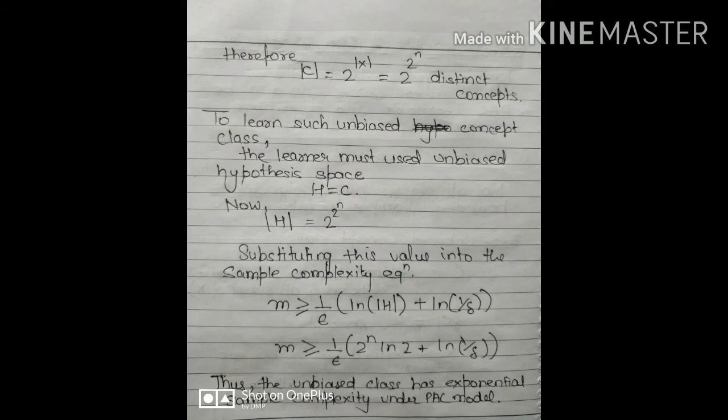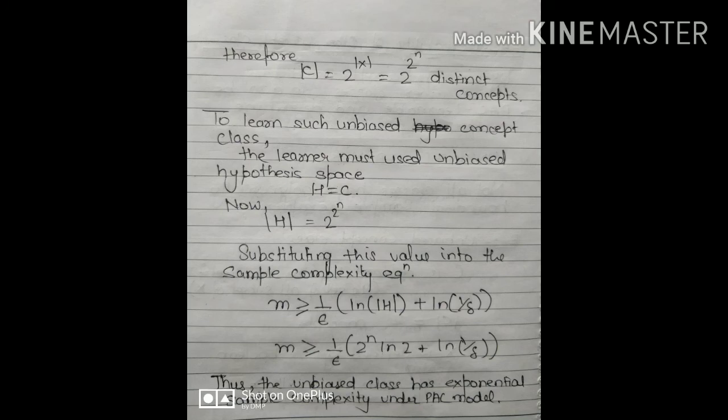To learn such an unbiased concept class, the learner must use an unbiased hypothesis space. So here H is identical to C, and we can represent |H| as 2 to the power 2^n. Now the same sample complexity formula we have been using till now, m is greater than or equal to 1 by epsilon times (log of |H| plus log of 1 by delta).